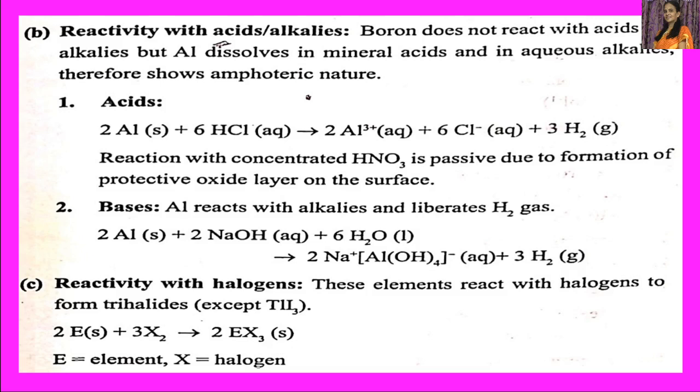So these elements combine with the halogens to form the trihalides EX3, like BX3, AlX3. E stands for an element of this 13th group, and X stands for halogen, that is fluorine, chlorine, bromine, iodine, etc. If this is F2, then we get BF3, BCl3, AlCl3, AlBr3, like that.